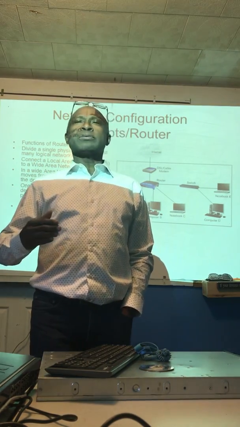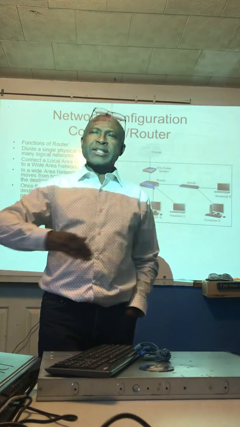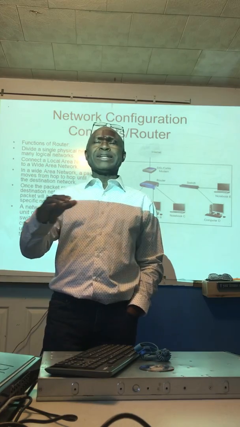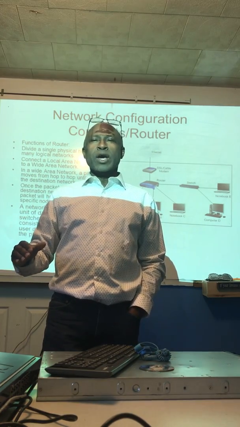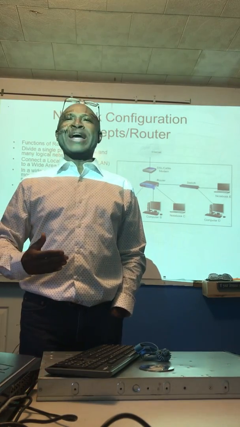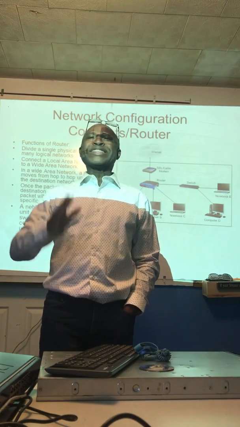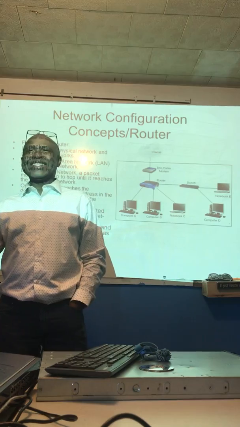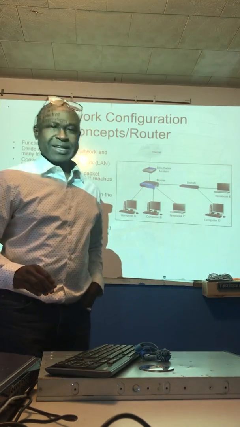In a network, all computers in the same network will have the same network ID. What makes the IP address unique is that each device on the network will have a different host ID.